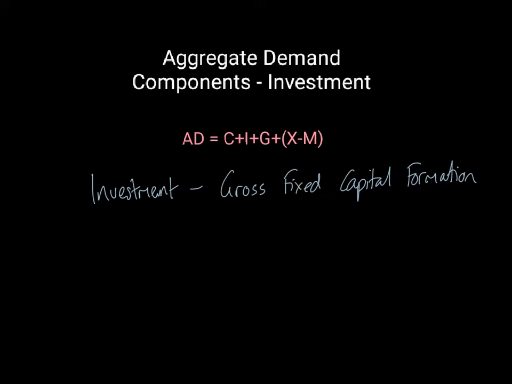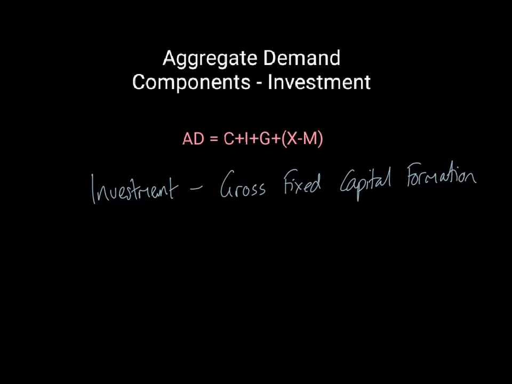Net means that we deduct from that the cost of repairing the stuff that was already there. So gross investment includes things like repairing roads as well as the construction of new roads. Net investment is only the creation of new capital, deducting the cost of repairing the stuff that was there before.